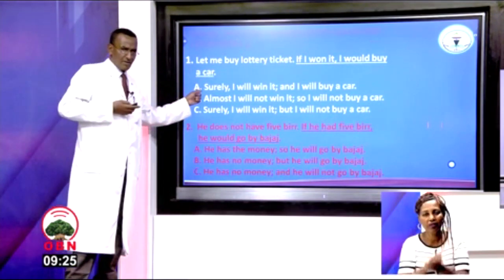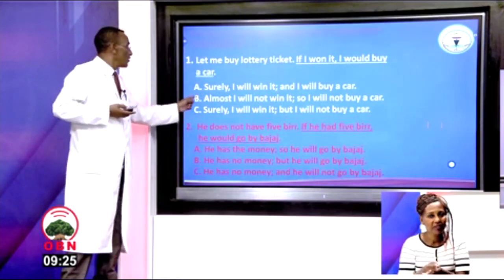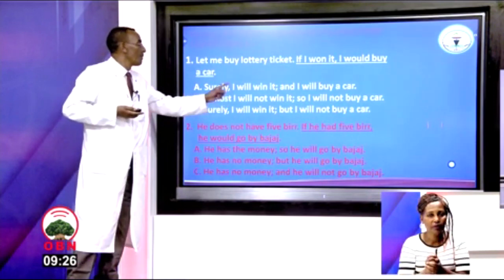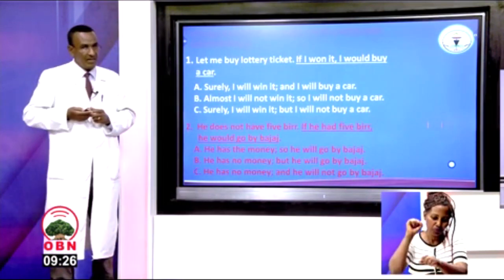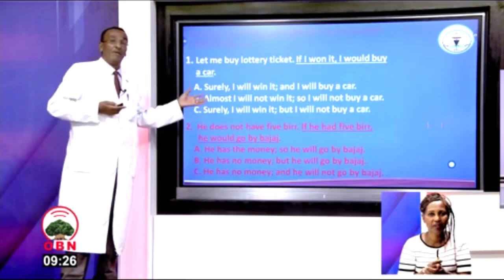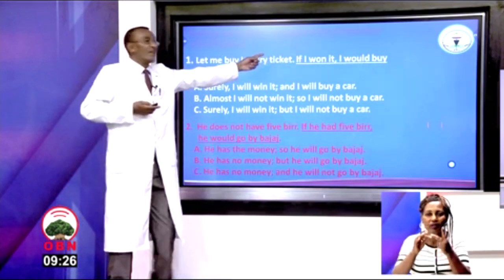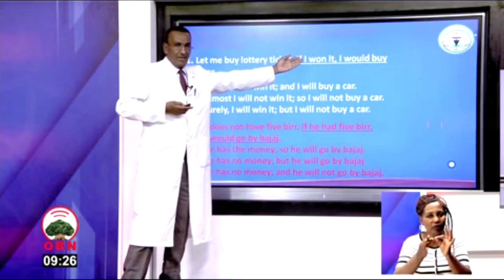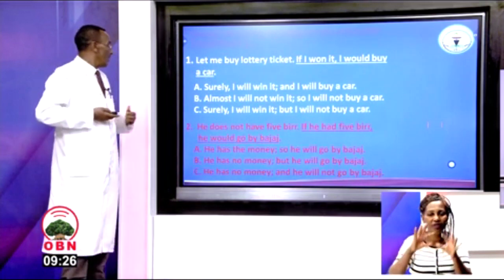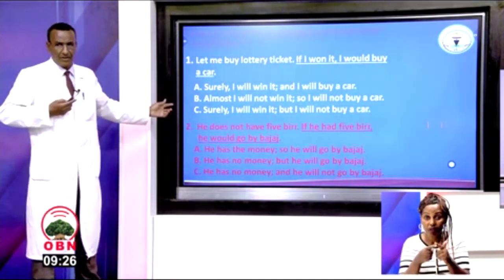Is this the answer too? I'm not sure. Let's look at C. Surely I will win it, but I will not buy a car. Is this the answer? Which one is the meaning of the conditional sentence above, underlined here? Let me give you 1 or 2 minutes until you answer this.